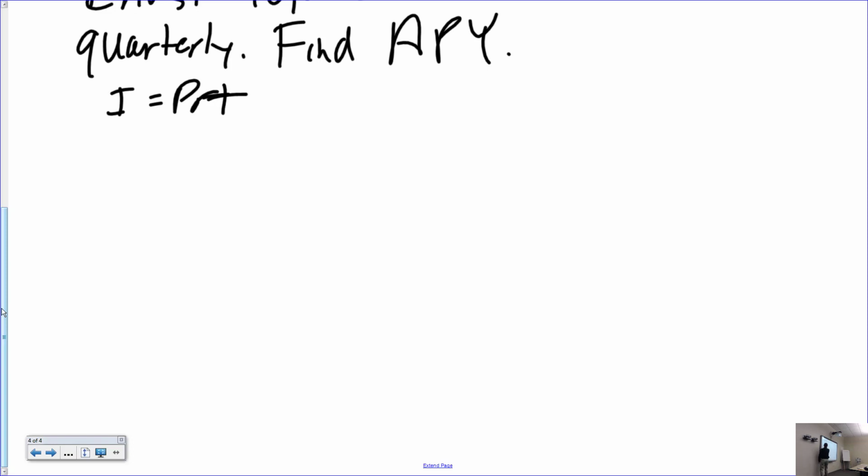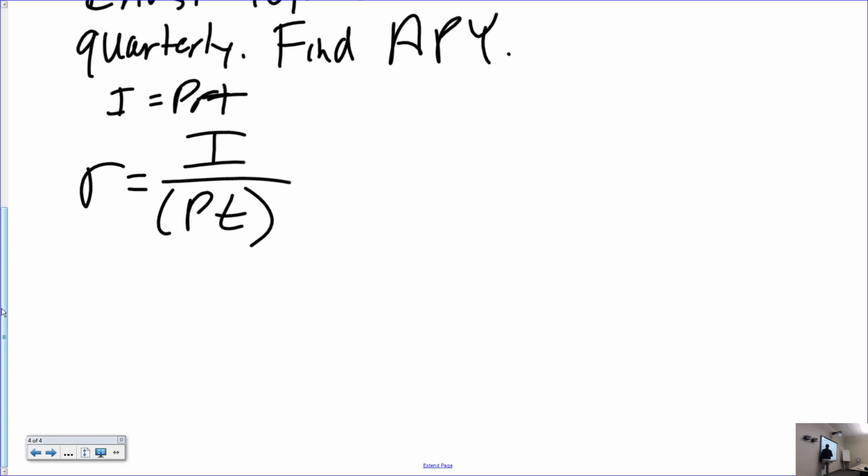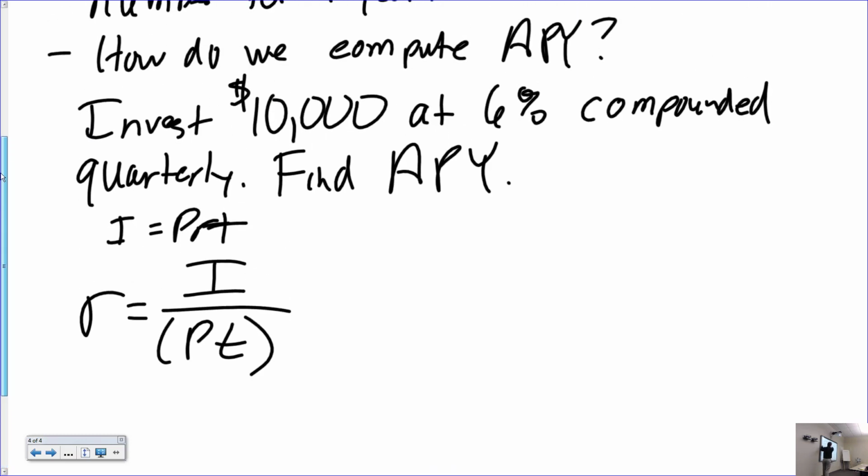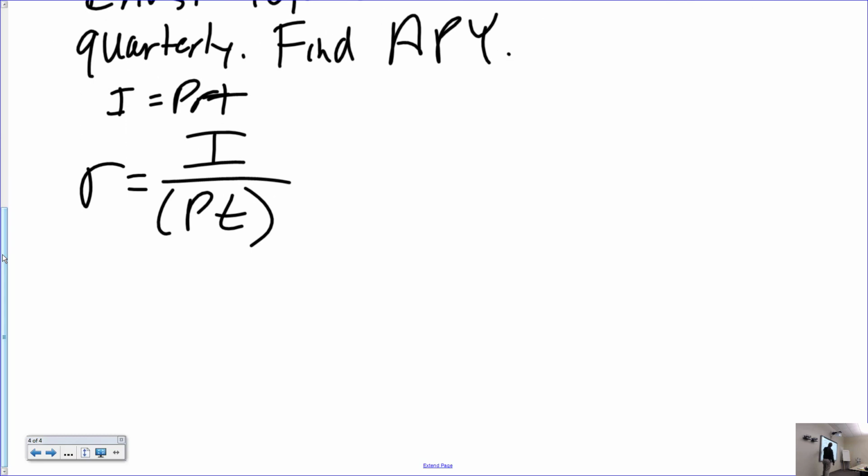Oh, I divided by PT. R equals I over PT. Awesome. Right? This is what we need to calculate because this is simple interest, right? So this will be our APY. So for this investment, 10,000, 6% compounded quarterly, you got to give me these three numbers: interest, principal, and time.